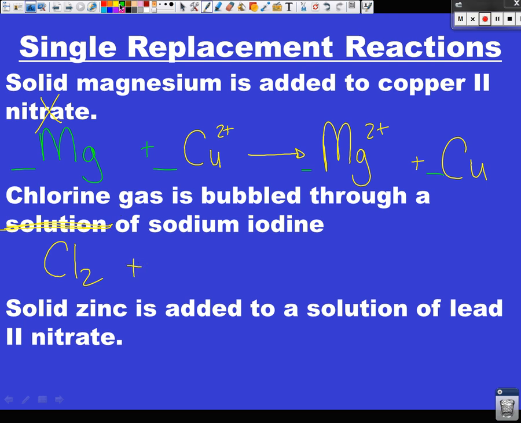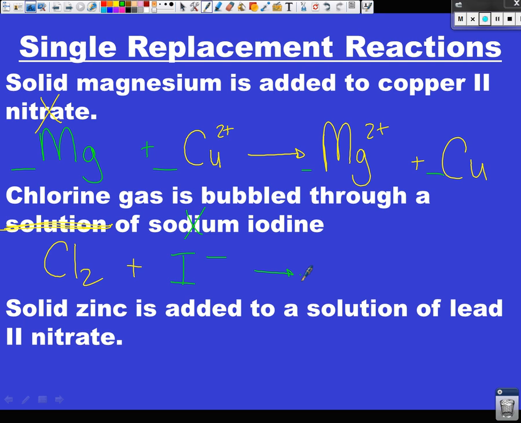Is there anything we can cross off and get rid of? Sodium. Iodine is left, so it's going to be I minus. Now, this one's a little bit different because earlier we said magnesium swaps places with copper because metals replace metals. But let's look and see what's by itself. We got chlorine.